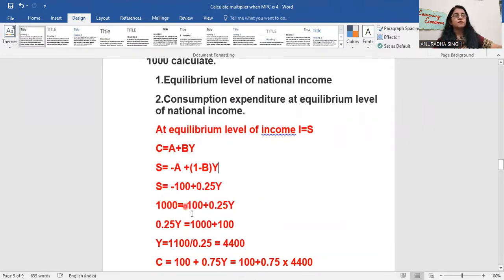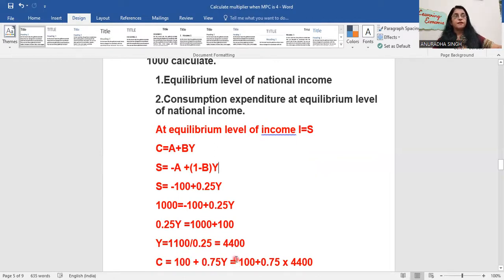So 1000 is equal to minus 100 plus 0.25y, and then 0.25y is equal to 1000 plus 100, because we are changing sides, right hand side to left hand side and left hand side to right hand side. Then y is equal to 1100 divided by 0.25, which comes to 4400.